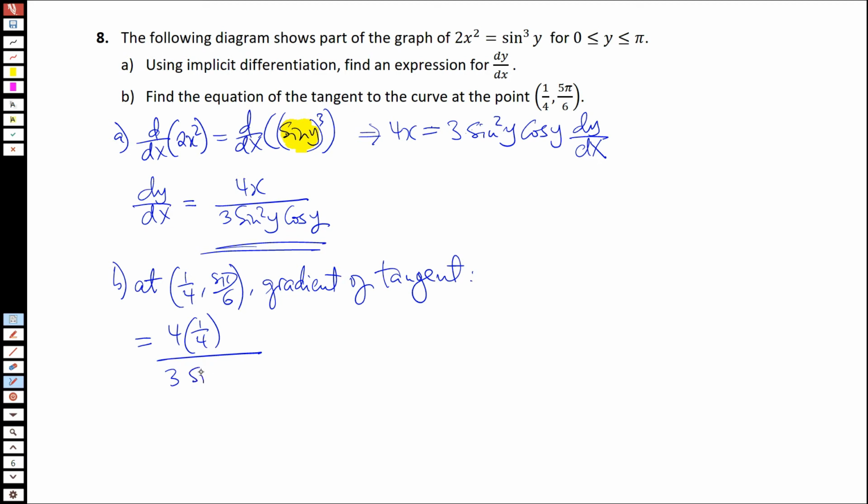So we have sine 5 pi over 6 squared and multiplied by cos 5 pi over 6.